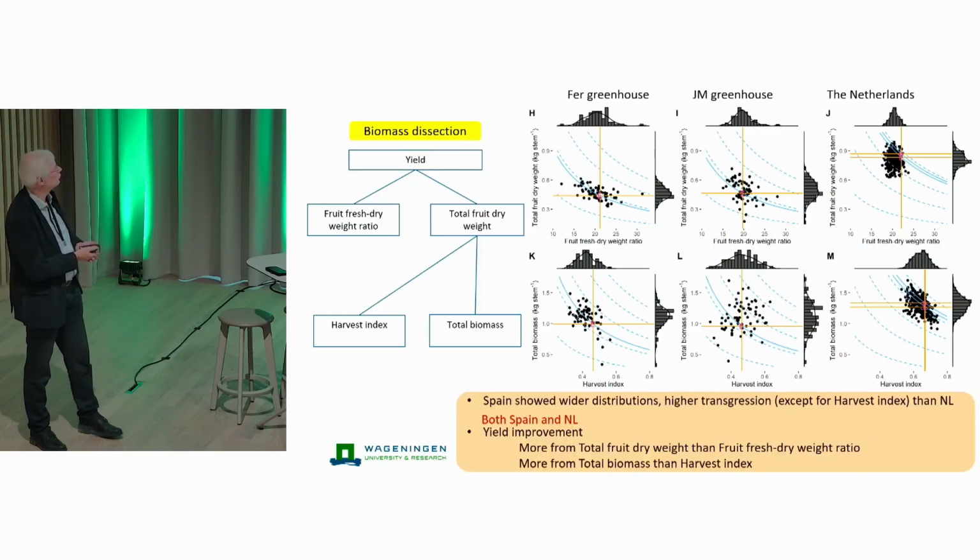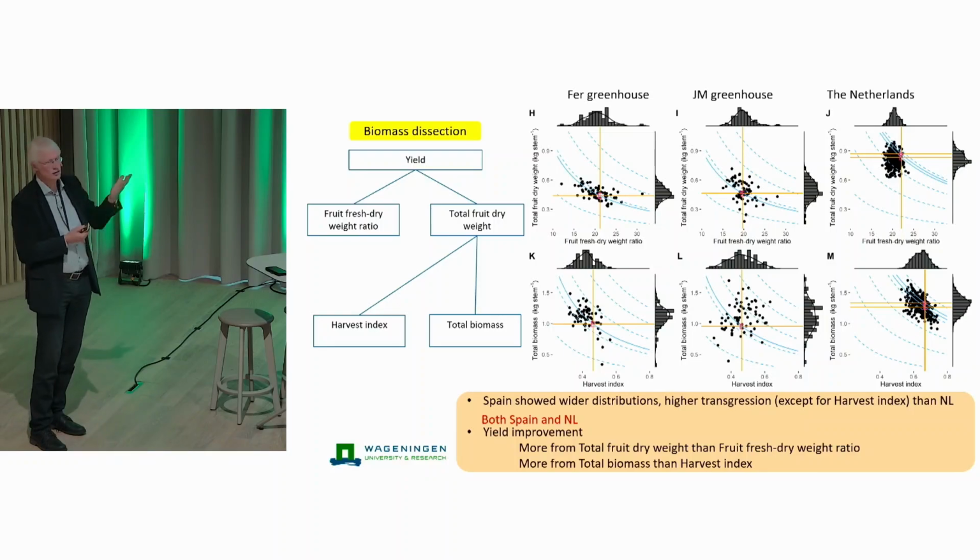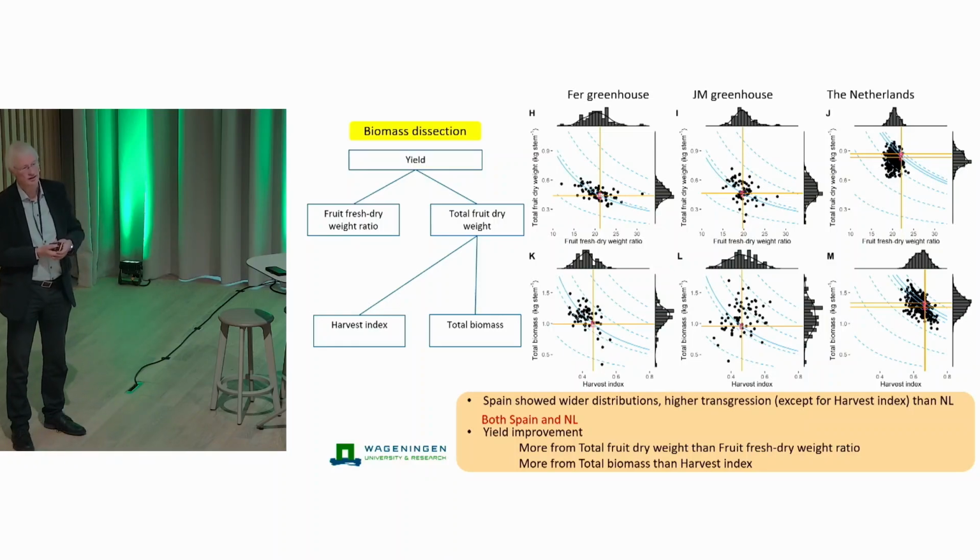What can we conclude from this? In general, in the population which was grown in the Spanish greenhouses in Almeria, there is a wider distribution of these components, so wider variability, you could say.